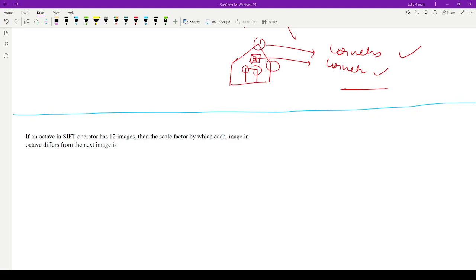Based on this, we have some questions on the SIFT operator. Here we are talking about the detection; this question belongs to the detection part. If an octave in the SIFT operator has 12 images, then the scale factor by which each image in the octave differs from the next image is what?